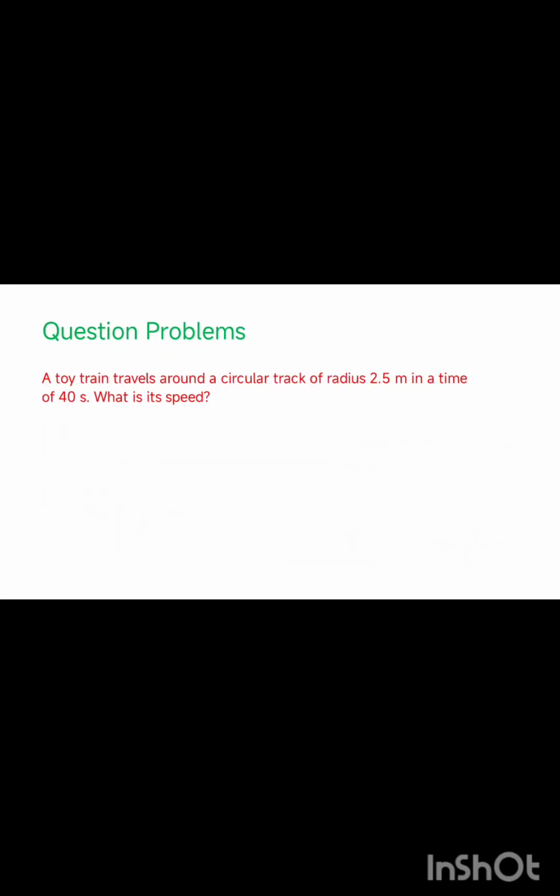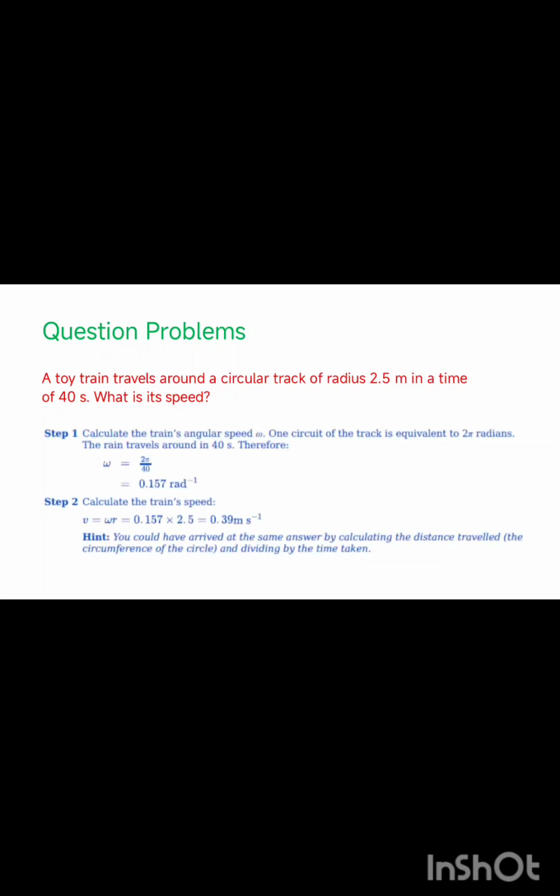Okay, let's try this problem. A toy train travels around a circular track of radius 2.5 meters in a time of 40 seconds. What is the speed? To find the speed, we know that speed is given by omega times r, but first we need to find omega, the angular speed. The angular speed can be found by the formula 2 pi divided by the time period.